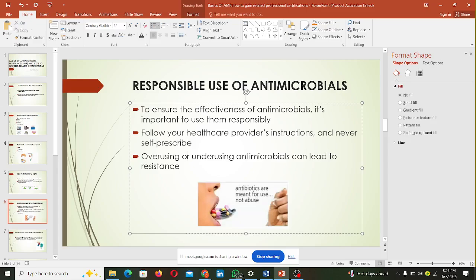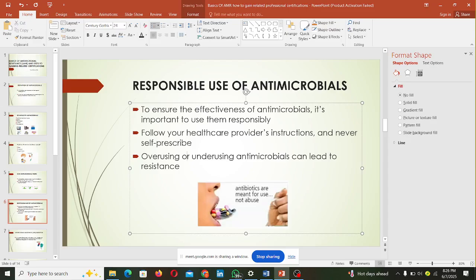Because the bacteria are already accustomed to the mode of action of the antibiotics. They already know how that antibiotic will work, so they will have modified themselves in such a way that whenever the drug is coming, they know how it will be, and easily they will resist it. It won't affect them whatsoever.